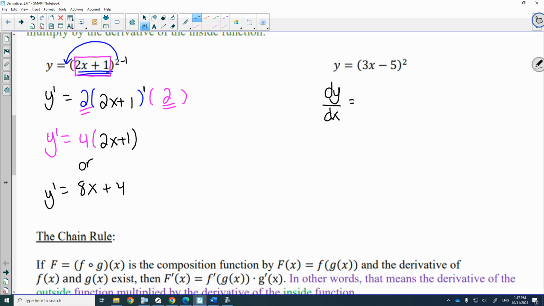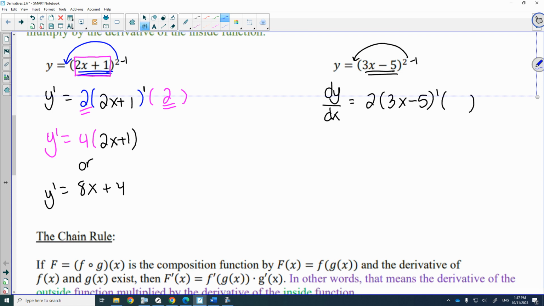Okay, so this one, dy dx is equal to, so chain rule says, bring down that power, 3x minus 5, that's my inner function, it stays the same, and you subtract 1 from the exponent, and then you take the derivative of the inside.